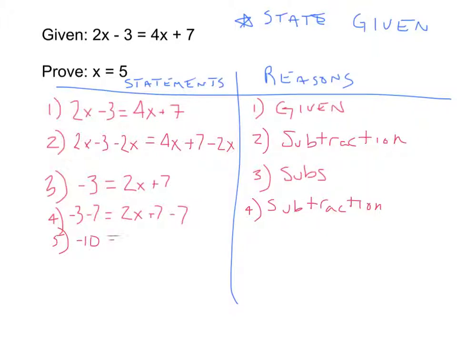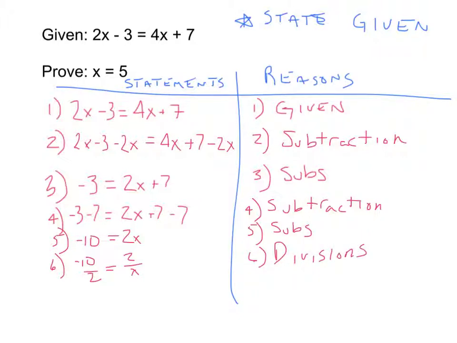Negative 10 equals 2x. Alright, step 6, I need to divide, so I need to show that I'm going to divide by 2. So division. Alright, next I get negative 5 equals x. That's substitution because I simplified.